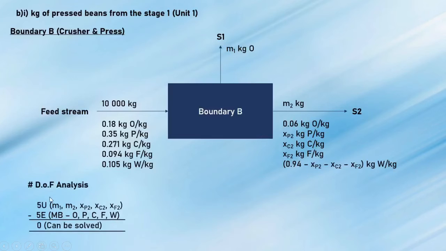Then, for the degree of freedom analysis, we have 5 unknowns, which is M1, M2, XP2, XC2 and XF2. We also have 5 mass balance equations, which is O, P, C, F, and W. So the degree of freedom analysis is 0, so this can be solved.